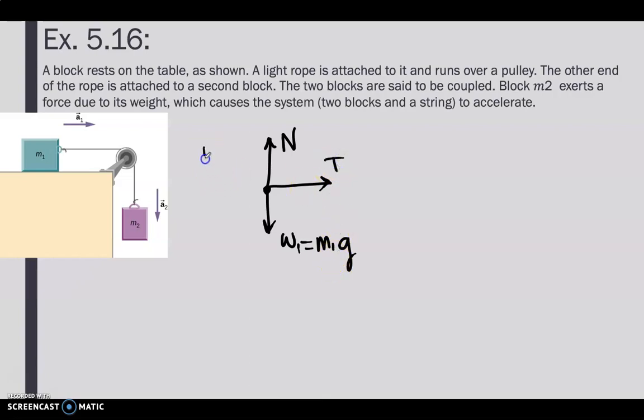So this is for mass 1. For mass 2, we have the weight, again, due to gravity. So it's going to be M2 times g. And again, we will have tension, and that is equal to T. Okay, so these are our two free body diagrams of these two blocks on this pulley system.